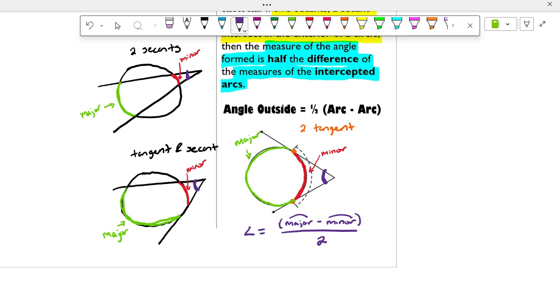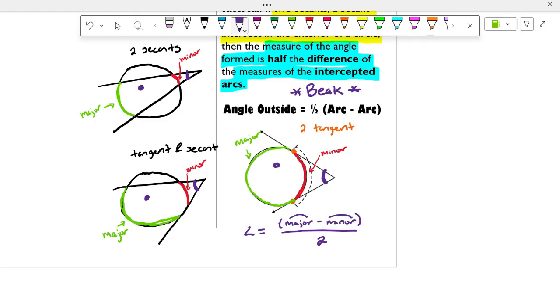Now, this configuration also has a special name, like the other two. We call this one a beak, like the beak of a bird. Because if you think about it, there's your bird. This is a bird with a funky eye.